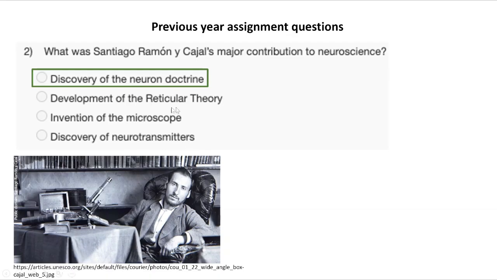What happened was, during the Nobel Prize lecture, first Golgi gave the lecture, followed by Cajal. They both shared the Nobel Prize that year, ironically.